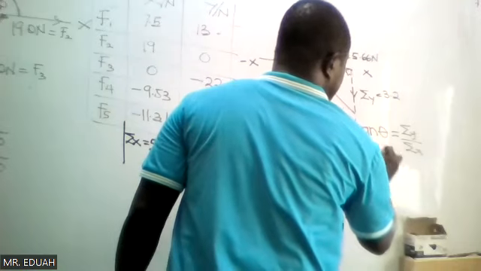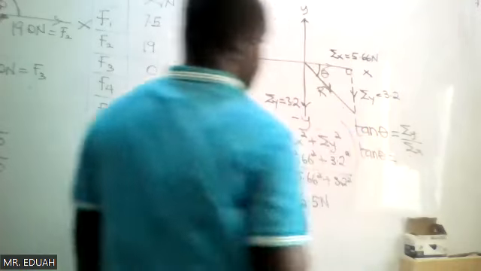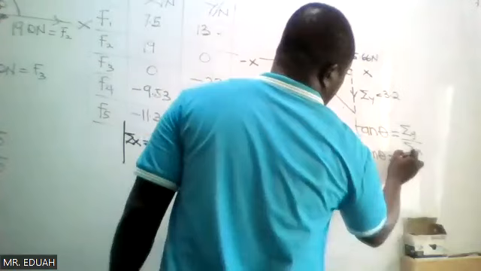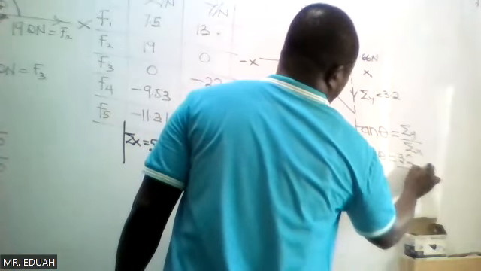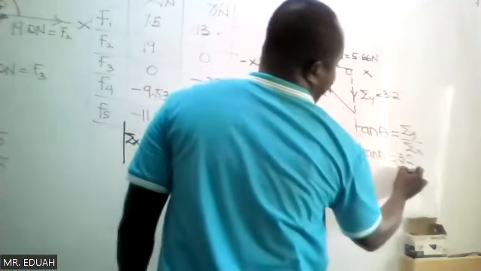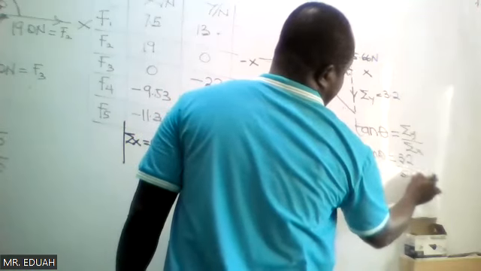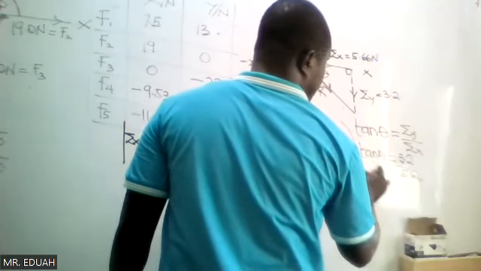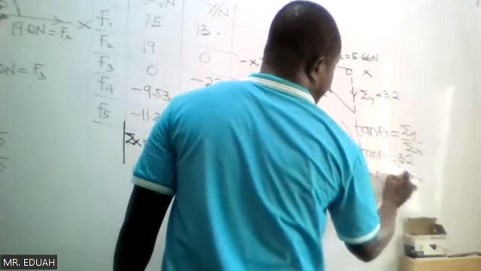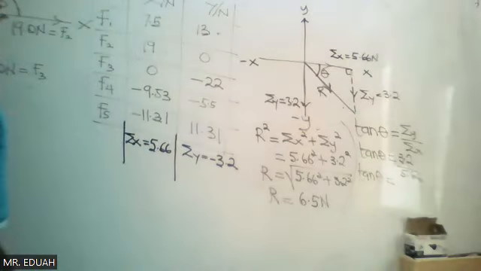So tan theta is equal to 3.2 on 5.66. So take that ratio and then give me the final answer.